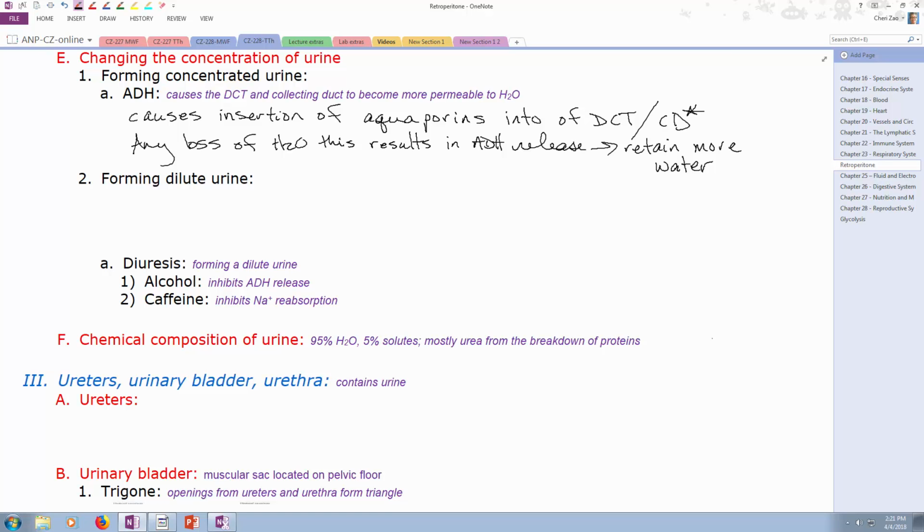So to form a dilute urine, we can decrease ADH secretion. That's the most common way we form a dilute urine. And so that will give us a decrease in aquaporins of the collecting duct, and I'm going to put CD first because that's the one that's most important, and then DCT.